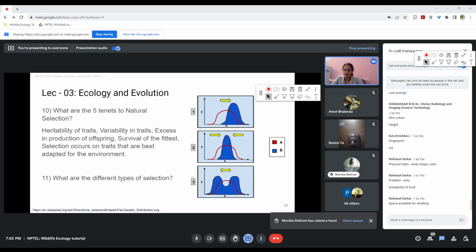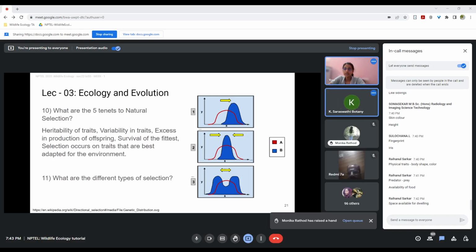I have a figure showing the different types of selection. Would anyone like to tell me? What is figure 1? What type of selection? Directional selection. Correct. Could you explain to me what is directional selection?